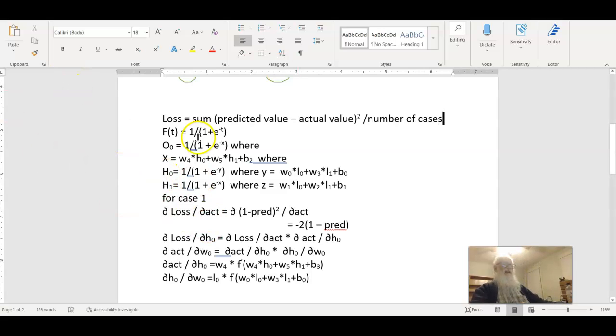I've defined the function that we're going to be using. That's the function that smooths it out, and that's just 1 over 1 plus e to the minus t. This is called the sigmoid function, which I've mentioned before, and its output has to be between 0 and 1.